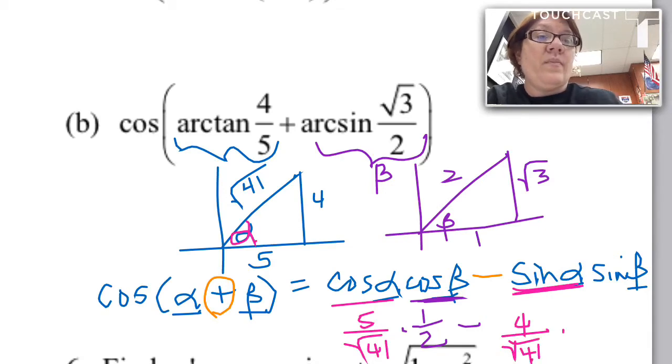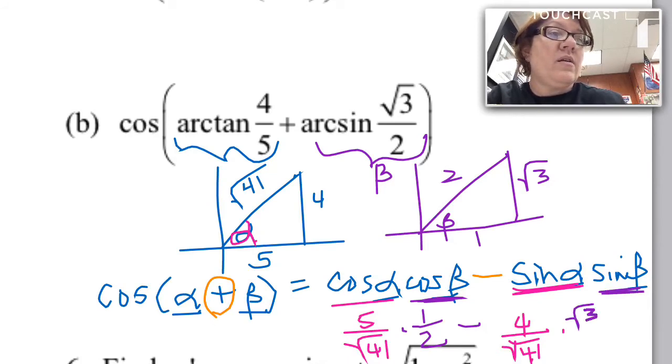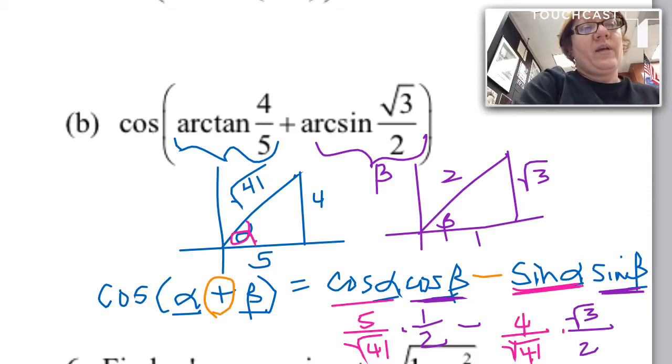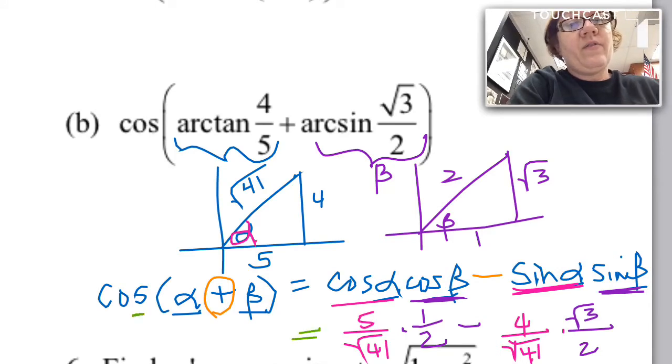And I'll go back to the beta triangle to get the sine of beta, which is square root of 3 over 2. And so when I multiply, I'll get 5 over 2 square root of 41 minus 4 square root of 3 over 2 square root of 41.